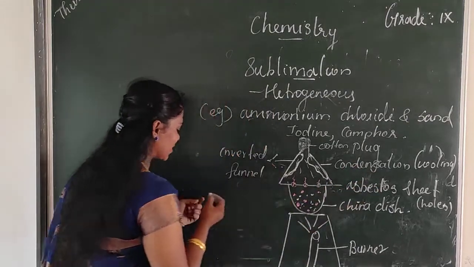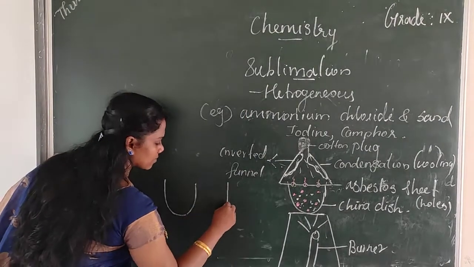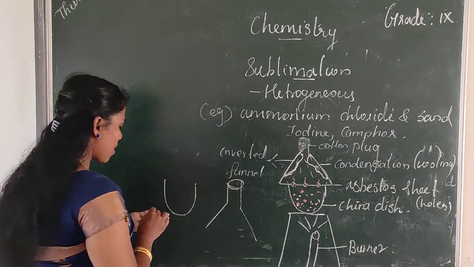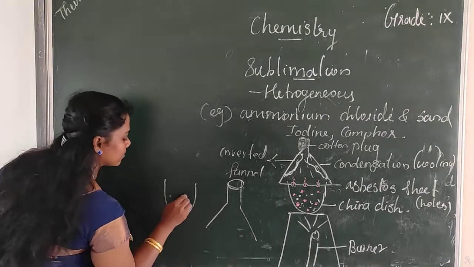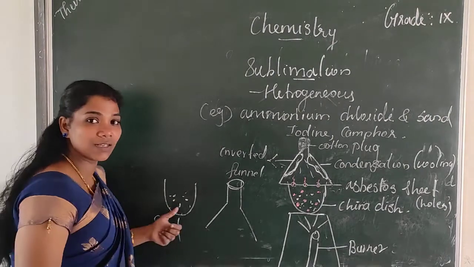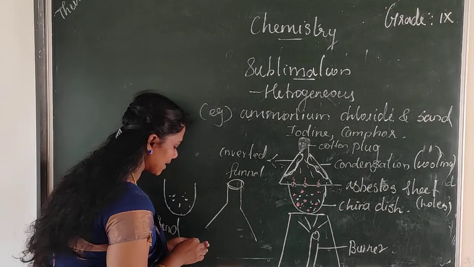So now our dish contains what? The dish, covered by the funnel, isn't it? Now our dish contains what? Sand. After sublimation, the dish contains sand, and our funnel contains what?